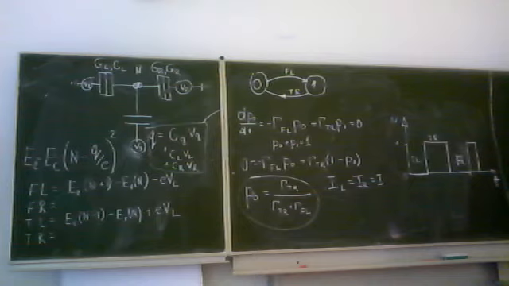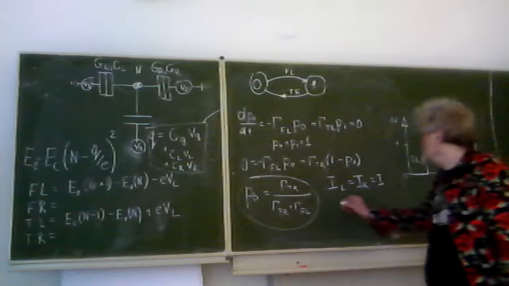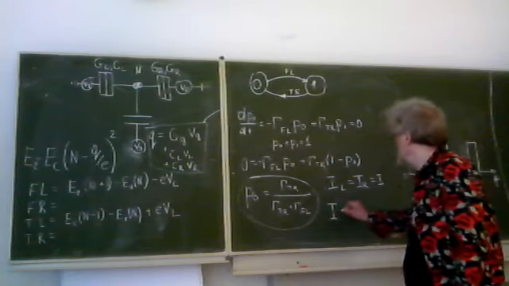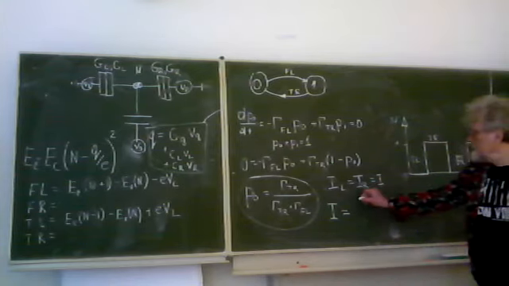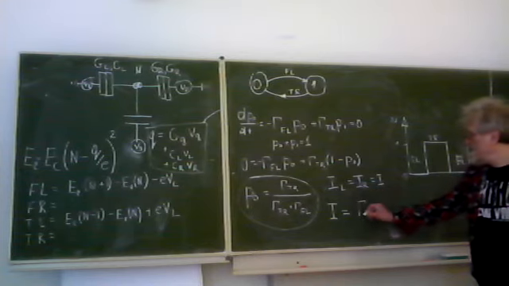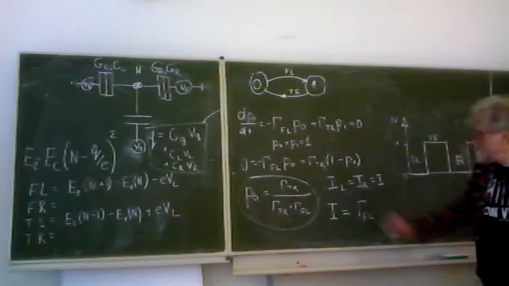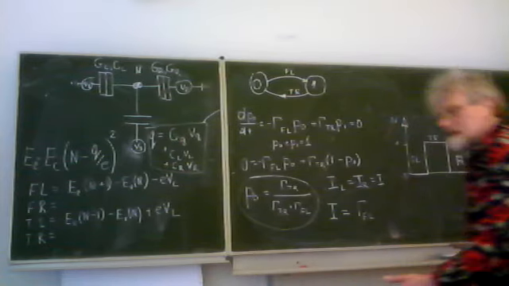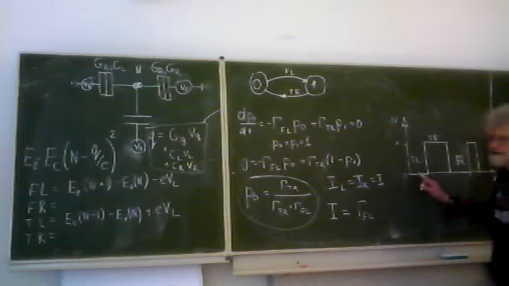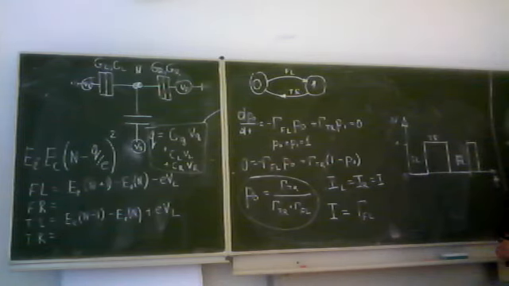So I need to look only at the left junction. So what happens in the left junction? Electrons tunnel with the rate gamma from left, and in order to do so, they have to be in the state with 0 extra electrons, right?